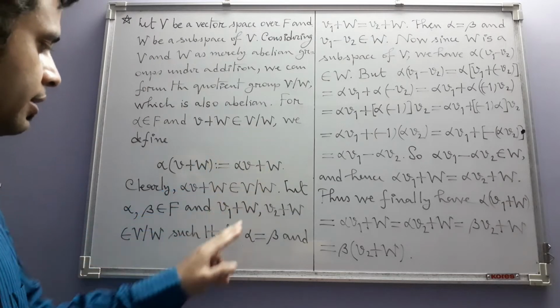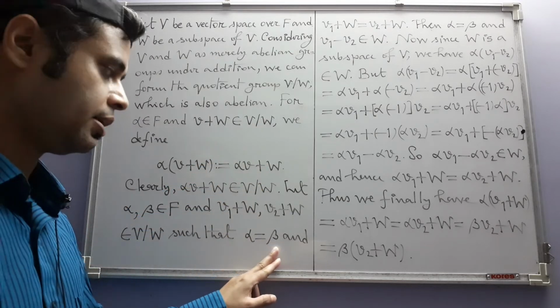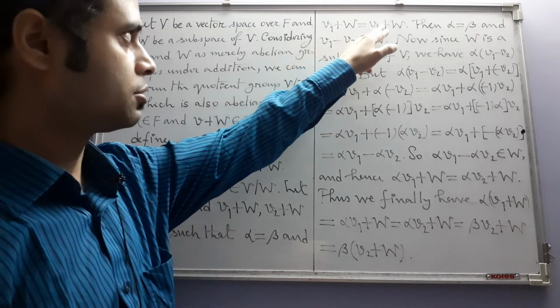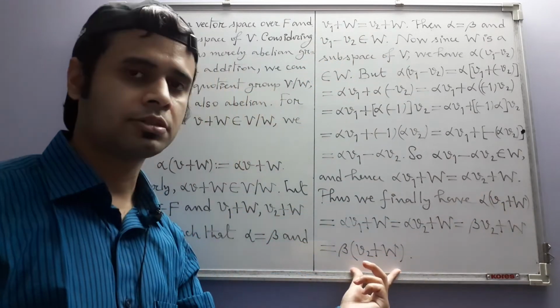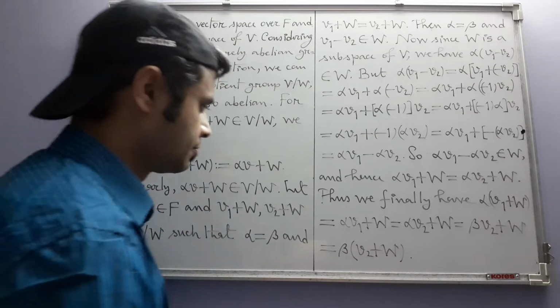So you see that if our scalars are the same and cosets are the same, then the products also are the same.